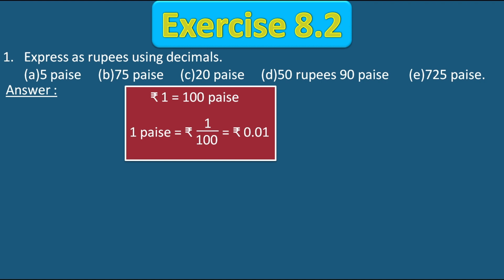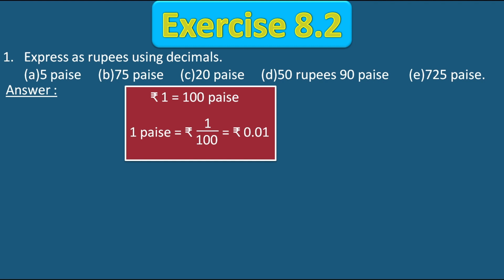Why 01? Because at the place of denominator we have 100 there, therefore we need 2 digits after the decimal point. So just remember rupees 1 is equal to 100 paise and 1 paise is equal to, in the fraction, 1 upon 100 and in decimal it is 0.01.